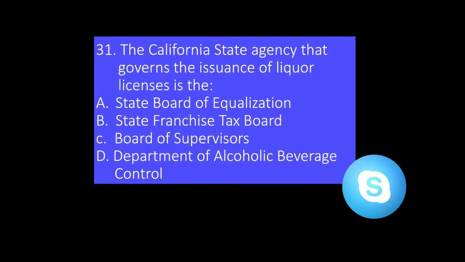A and C are out because this is the California state, so it's not to do with the Board of Supervisors. So State Board of Equalization, I don't know, cannot be. State Franchise Tax Board, I can't remember. I always see the sign on the door of the restaurant. So what is that?